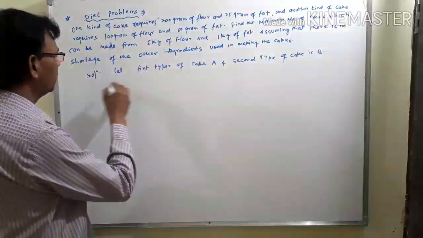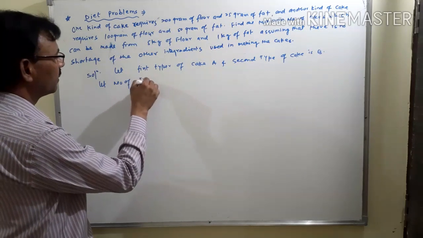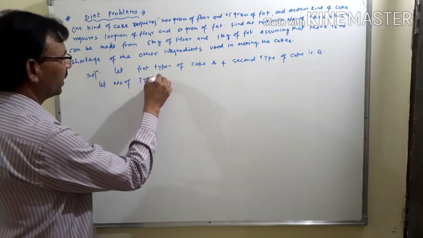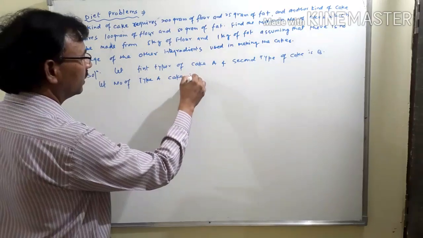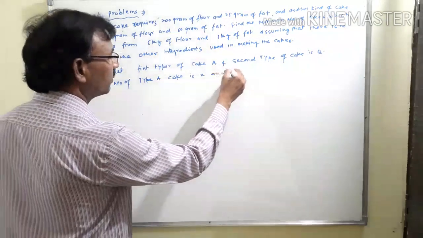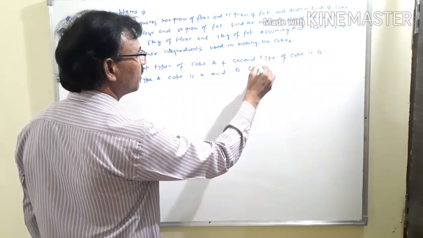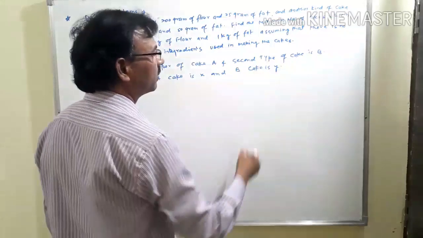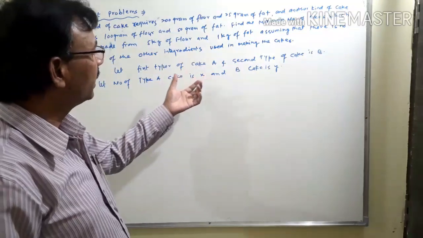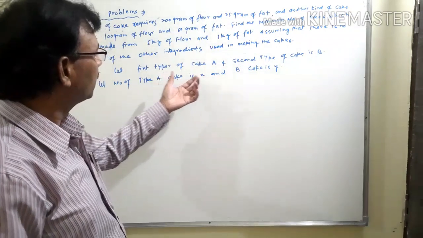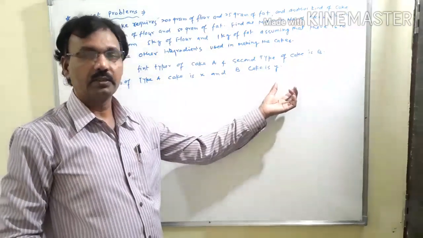and again consider, let the number of type A cakes be X and B cakes be Y. We consider that the first type of cake makes X cakes and the B type of cake makes Y cakes.